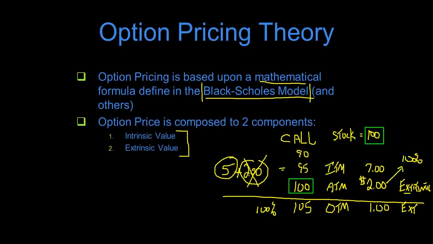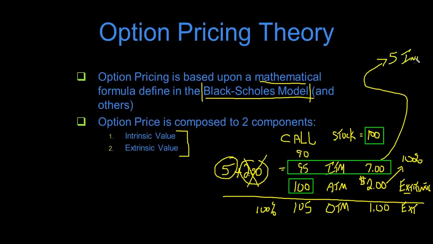However, for this option, at that strike, I've now got $5 of it that's intrinsic. There is some value to that. Right now, I'm buying value. And I've got $2 that's extrinsic.